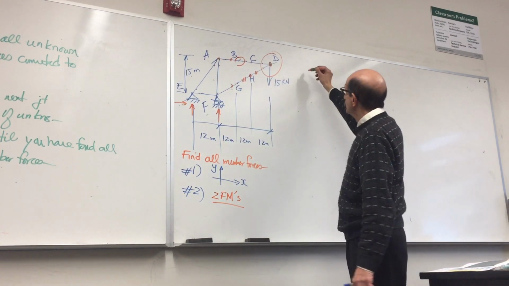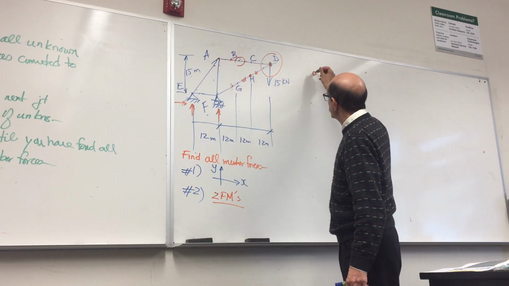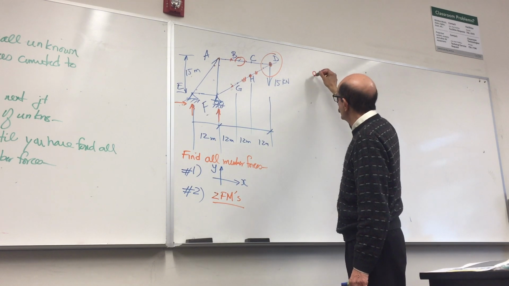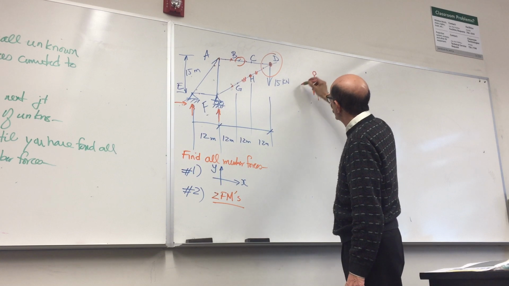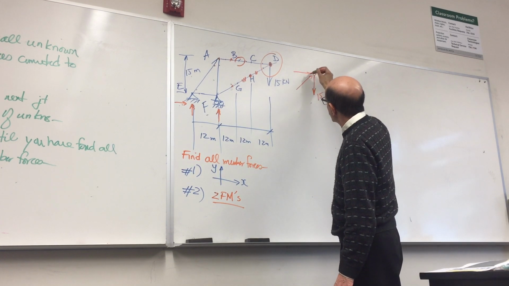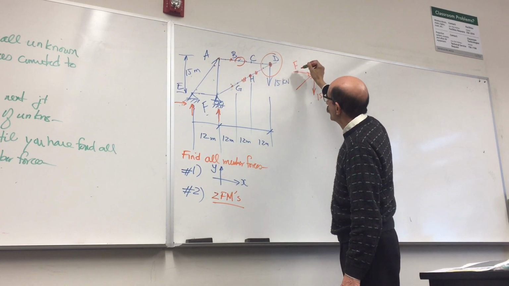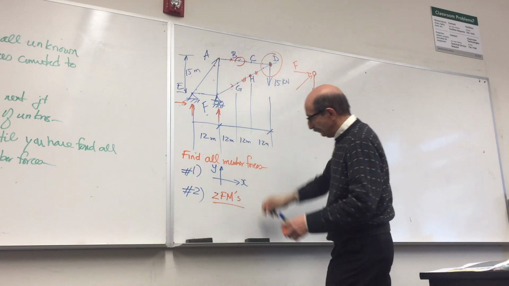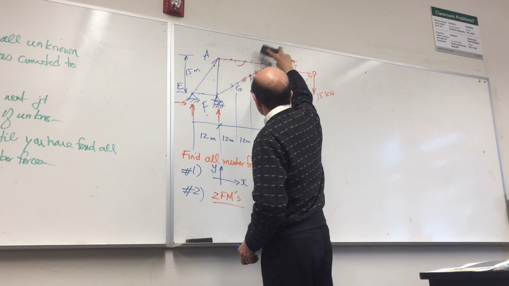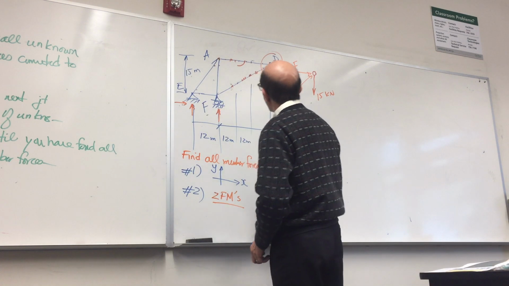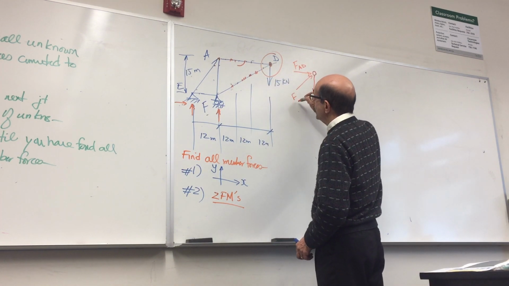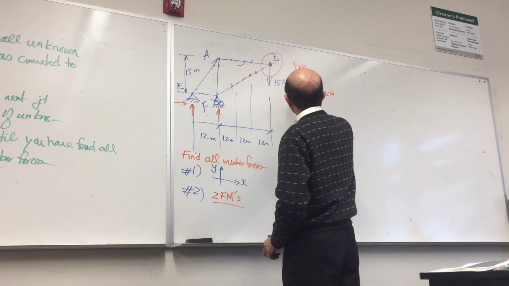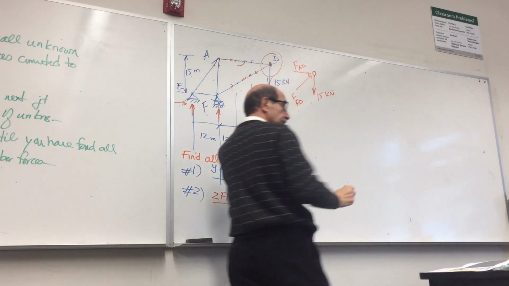So look at the free body diagram of this joint. This is the external load, 15 kilonewton. There is a force like this and a force like this. These don't matter anymore. This is just one member now, so I'm just going to call this member AD, and that member FD.